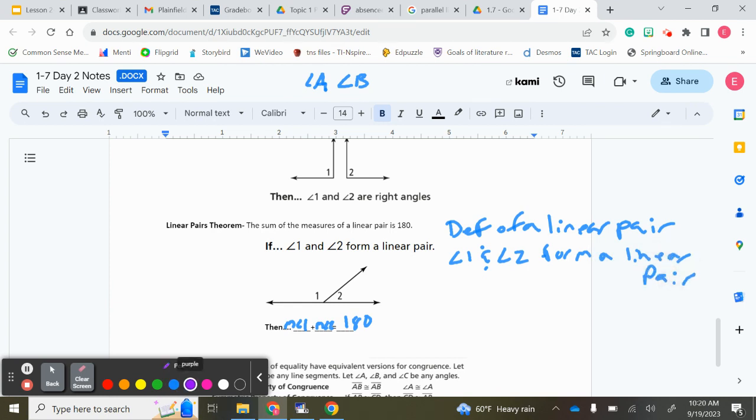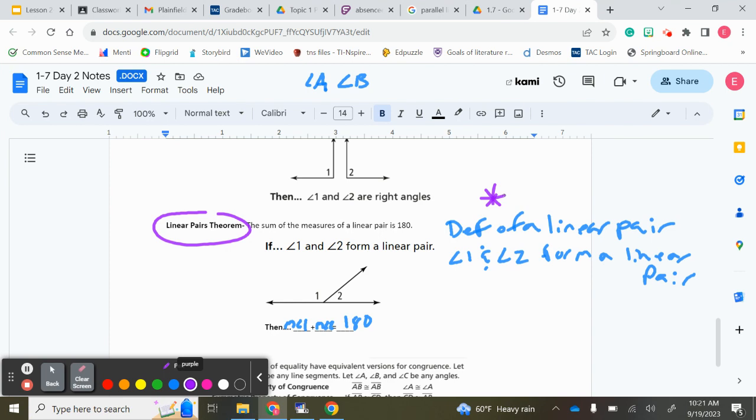Here's the big thing about the linear pairs theorem. You can't use this until you have this. If you don't have a linear pair or it's not defined as a linear pair in your proof, you can't use it. You're going to do something else, something supplementary. Or you can define it as a linear pair and then apply the theorem.